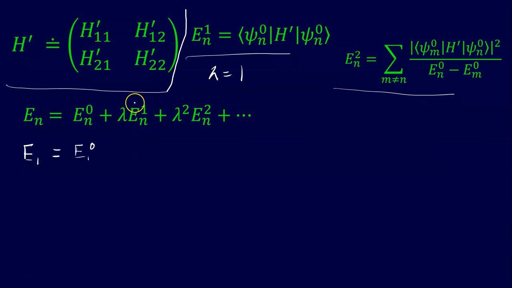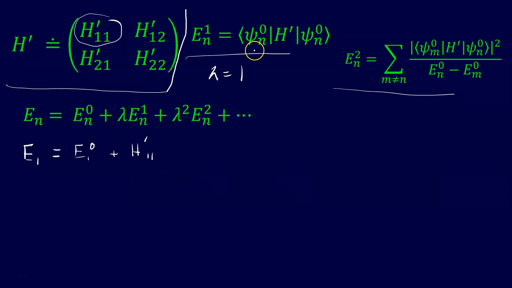The first correction is just going to be this piece right here. If that is confusing, just pause and think about it. For this matrix element, for the E1n, it would just be putting a 1 in for n and a 1 here and a 1 there. That would be our first order correction.